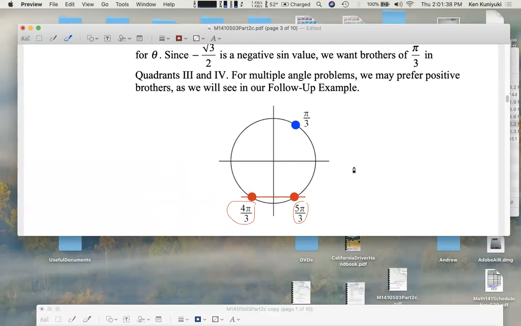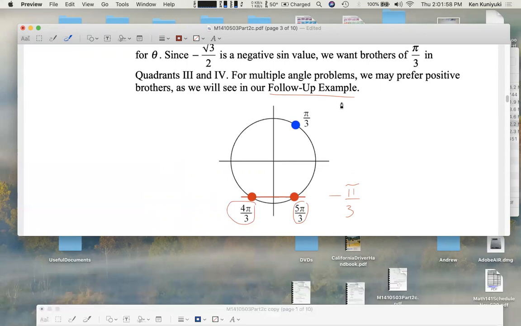Now, it's true that instead of 5 pi over 3, we might have preferred negative pi over 3 before. But in a follow-up example, we're going to find the solutions between 0 and 2 pi. And if that's going to be the long-run goal, I'm actually going to want a positive twin over here.